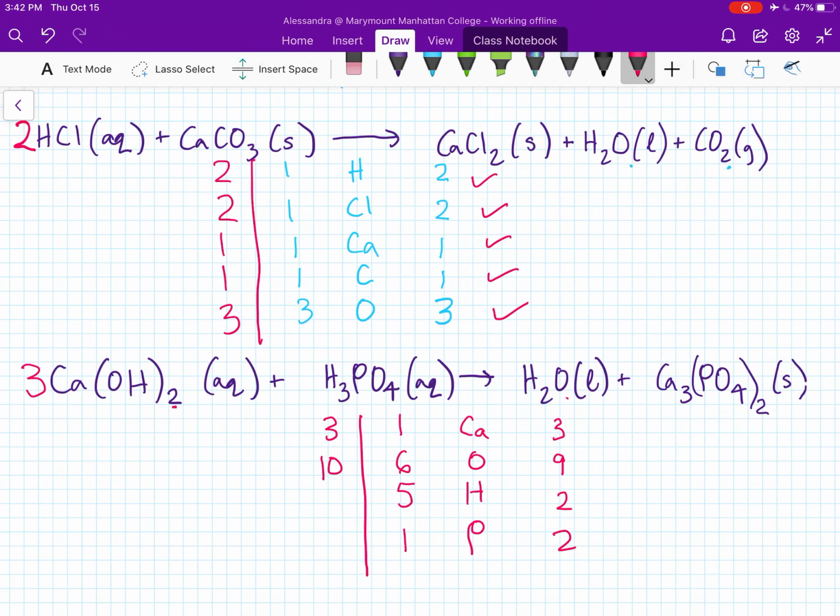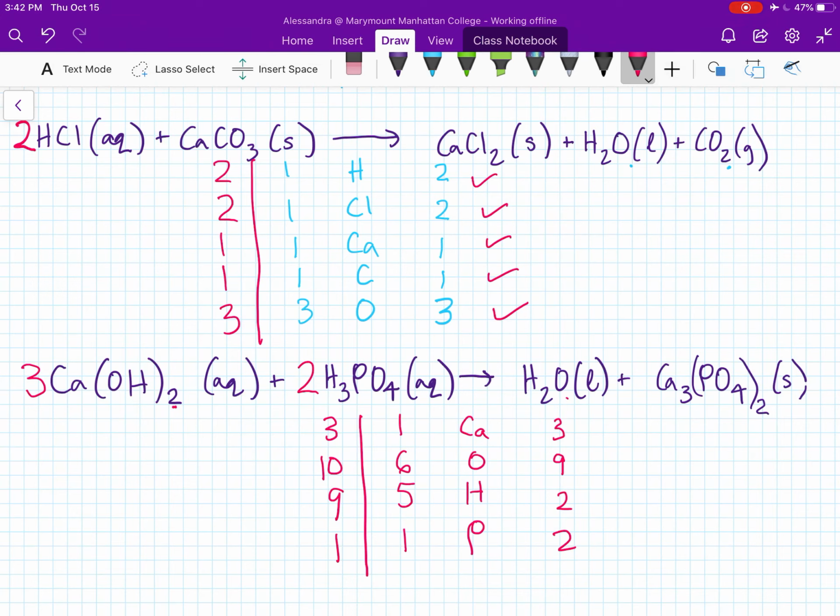And 2 times 3 is 6 hydrogens plus 3 is 9 hydrogens. And still 1 phosphorus. Okay, so now I need to figure out how to get 2 phosphoruses on the left side.